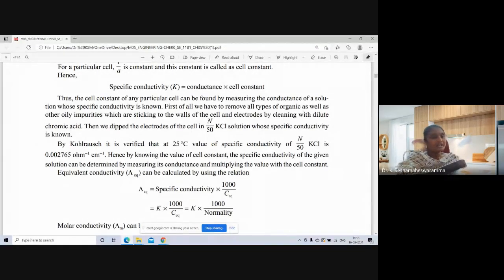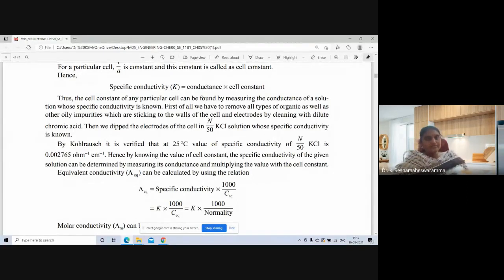So once we know the resistance, from that we know the conductance. After determining the conductance, from that we can measure specific conductivity. Specific conductivity is equal to conductance into cell constant.